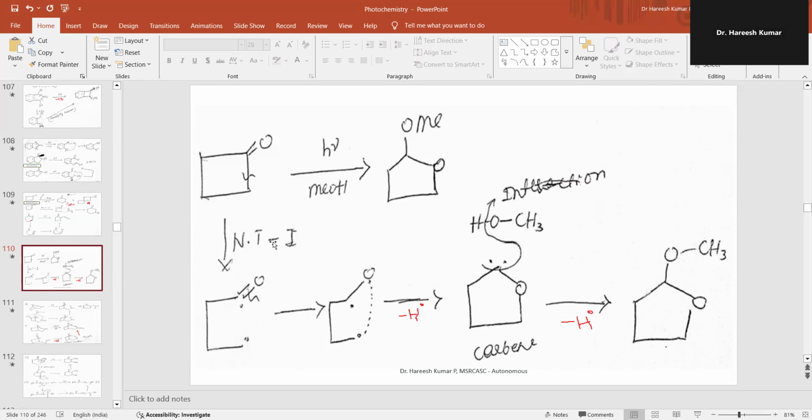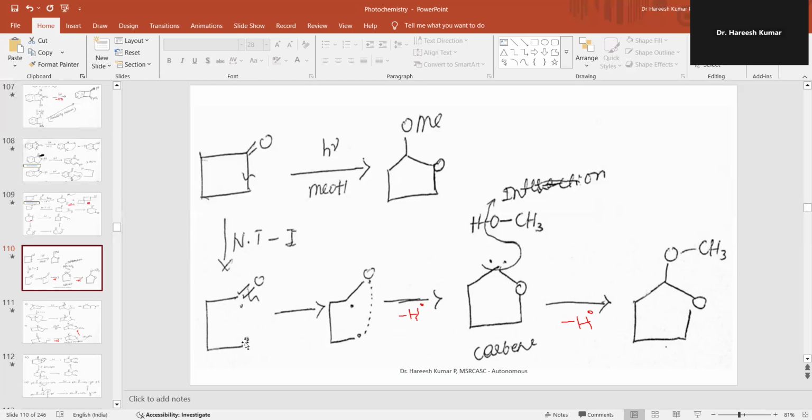So Norrish type 1 cleavage means alpha cleavage forming an alkyl radical and an acyl radical. Suppose at this stage there is a homolytic cleavage of the carbon-oxygen bond, then what will happen? There is a formation of carbene on the alpha carbon, and there is a radical formation on the oxygen.